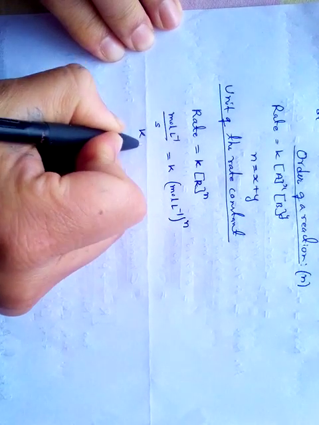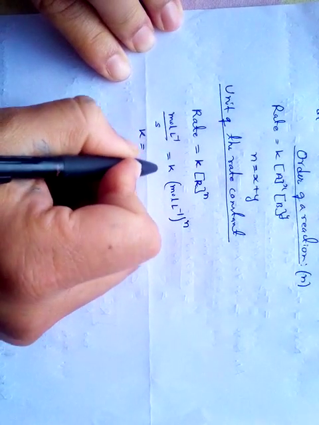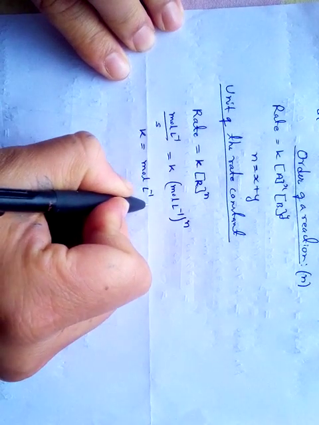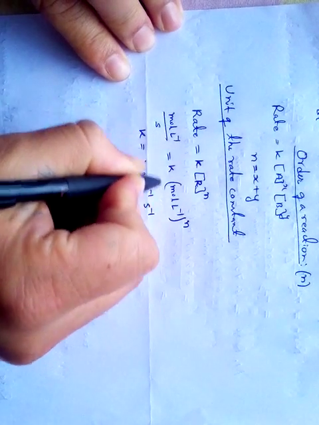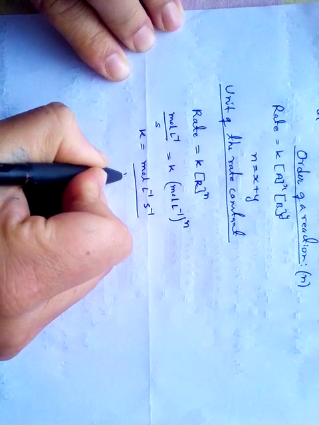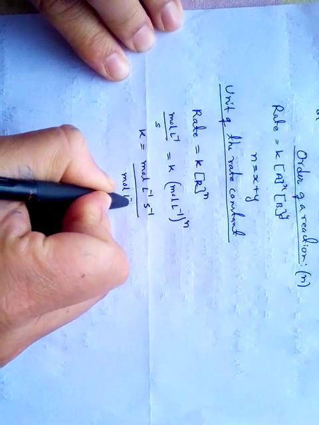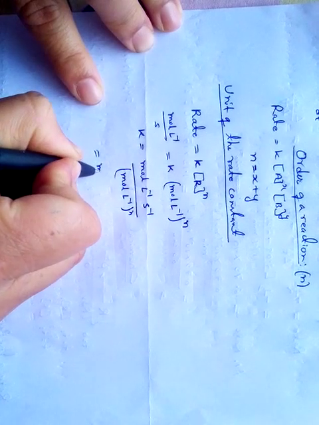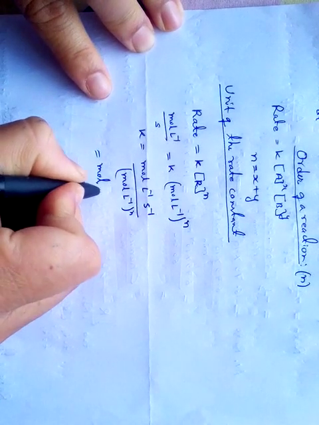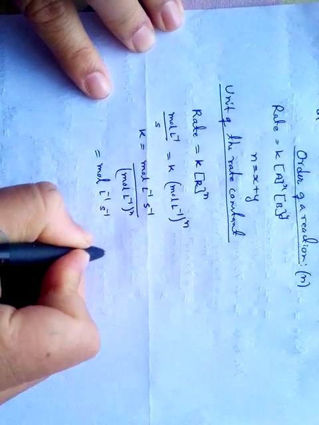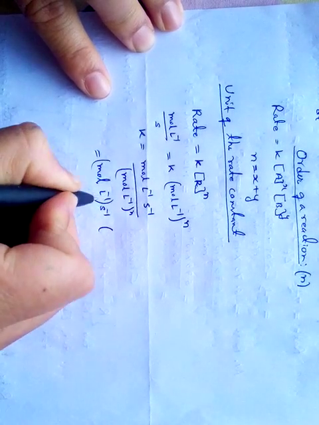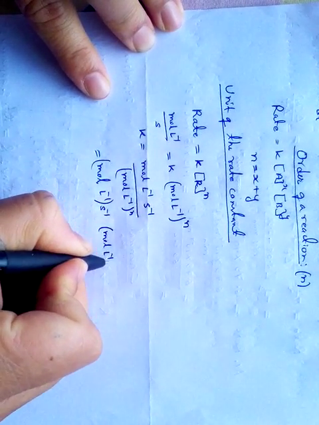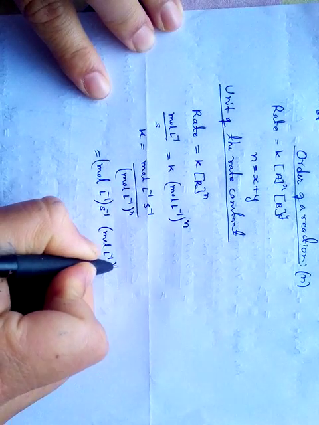Now k equals mole per liter per second, and the concentration term goes to the denominator, so it is mole per liter to the power n. Bringing it up, it becomes mole per liter to the power minus n.